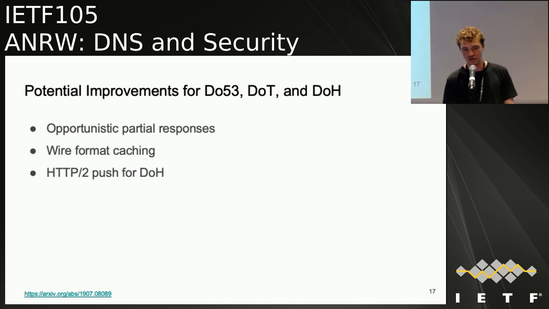Lastly, we believe that HTTP2 push for DO could significantly help performance. HTTP2 push has been talked about in the mailing list for DO for quite some time, but we believe that once implemented widely it could significantly help DO performance, because the web servers could push answers to the client for domain names on the web page that it already knows the answer for.